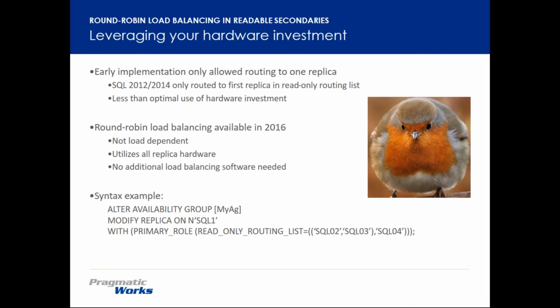That main secondary would have to be down, then it would go to the next one. Now you can use them all, which I know customers that I've worked with on this are really excited about. You can tie up a lot of money in hardware, and they want the ability to use everything they've got. And this is one way where they can do it.